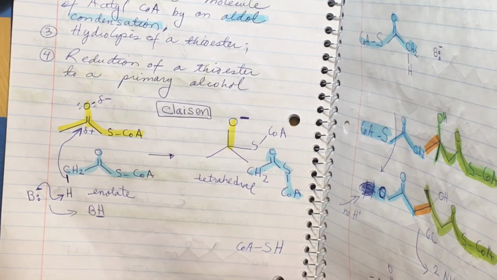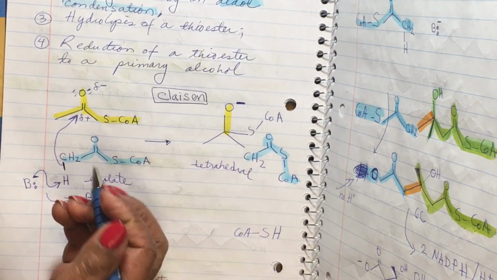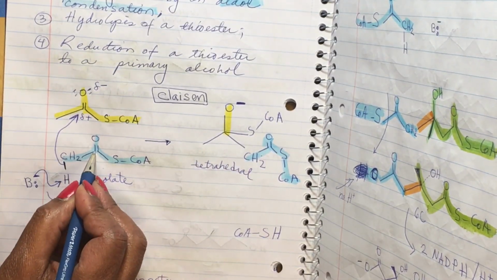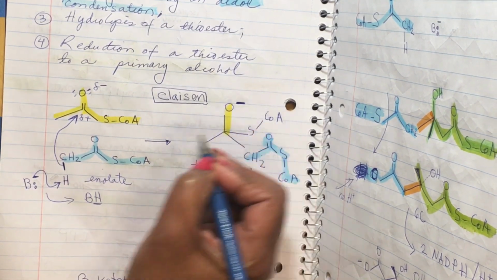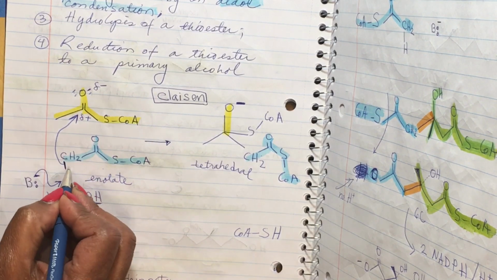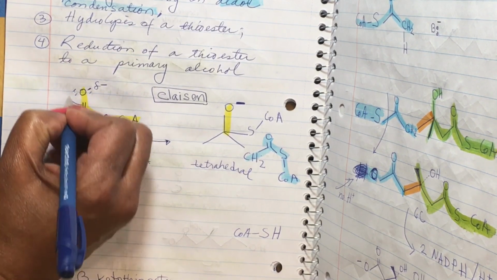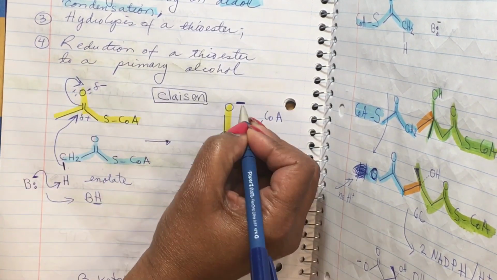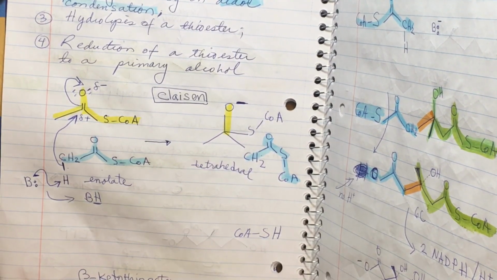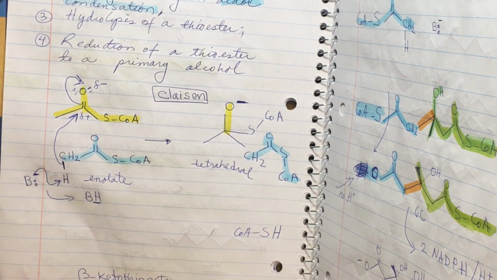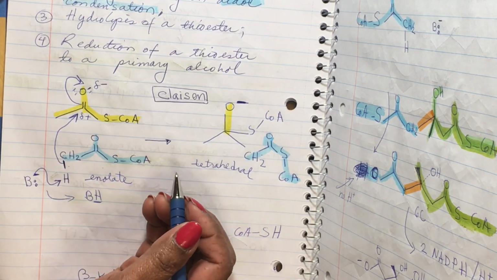So you see, following the colors, we added the alpha carbon of 1 unit of acetyl coenzyme A to the carbonyl, and when we add, we're going to open up this bond. We have a negative charge, but in the family of derivatives of carboxylic acids, we always say that the carbonyl is going to reform.